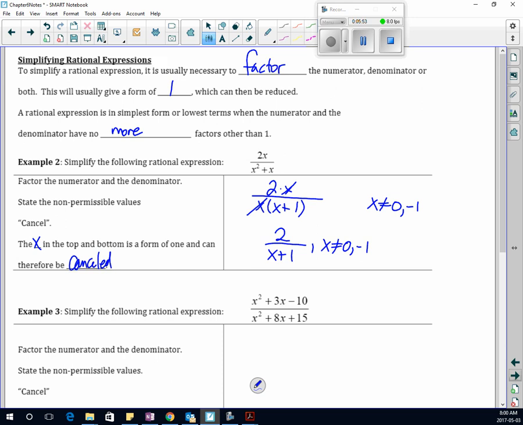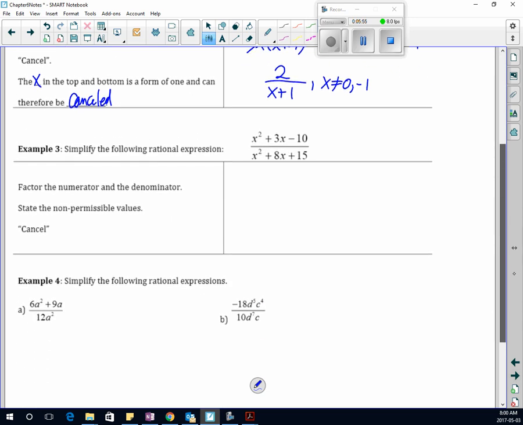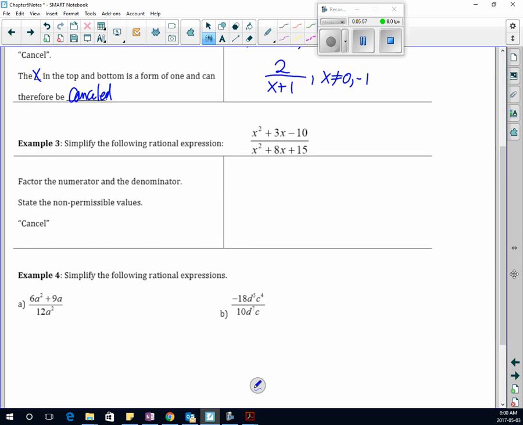Okay, let's try the next one. We need to factor both the numerator and the denominator. So what would that be factored to be? x plus 5 times x minus 2 over x plus 3 times x plus 5, yes?